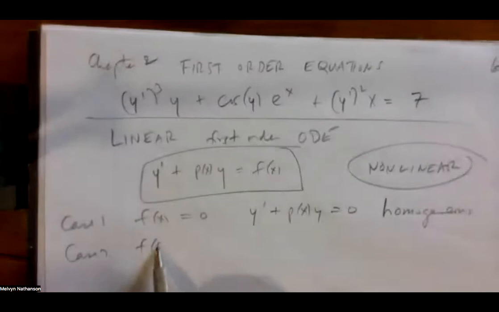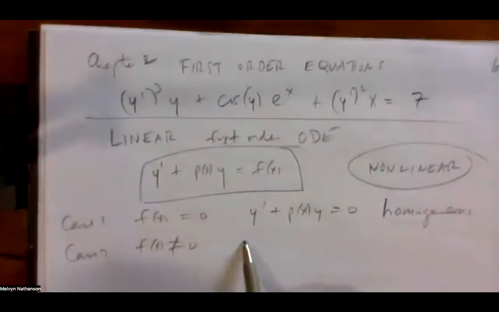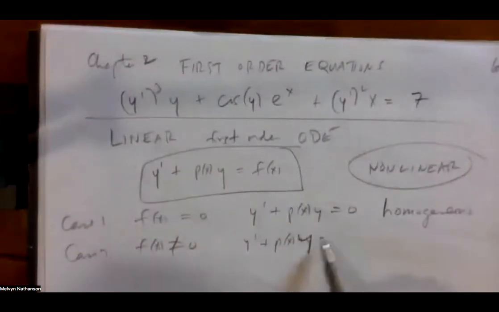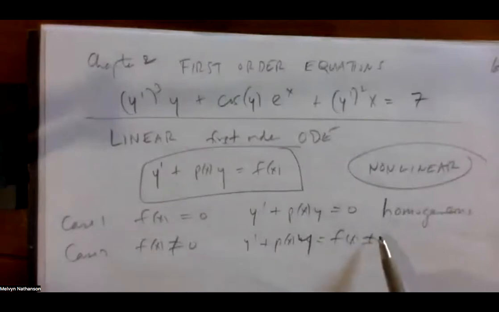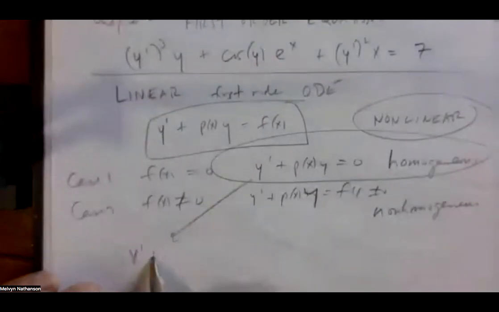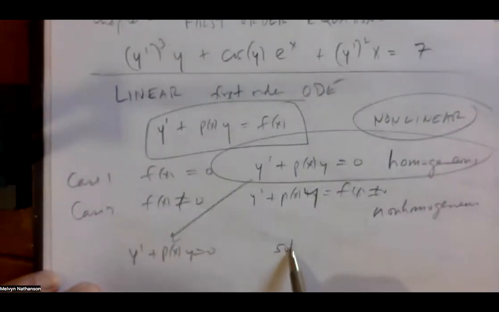In case 2, the right-hand side is not 0. So this is some function which is non-zero, and this is called non-homogeneous. Now, if we take the homogeneous equation, one solution is just the function which is identically 0. y of x is 0 for all x.